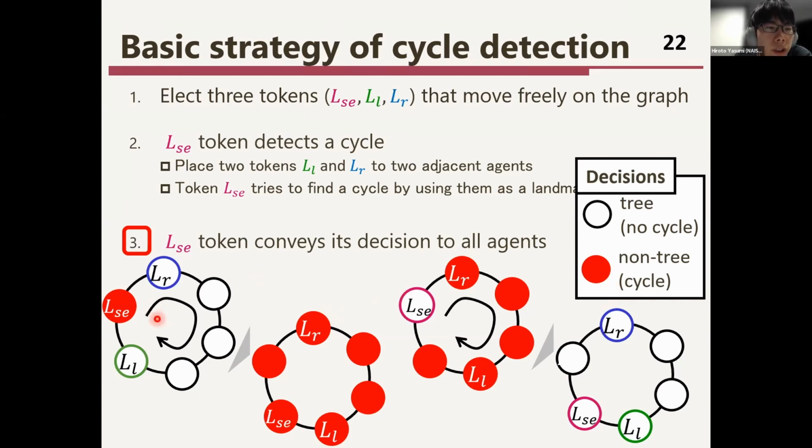After detecting a cycle, LSE token thinks that there is a cycle and conveys its decision to all agents like this. Please note that the decision of LSE token always has a priority. That is, even when LSE token thinks that there is no cycle, this decision is conveyed to all agents. The important point is that eventually all agents follow the decision of LSE token.